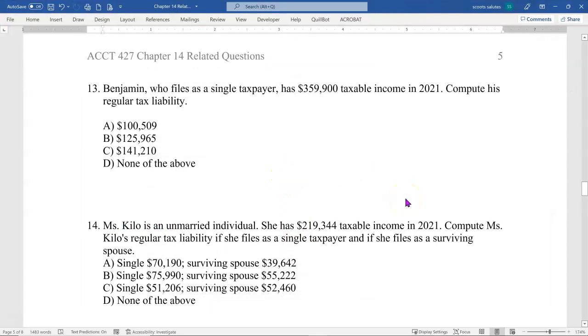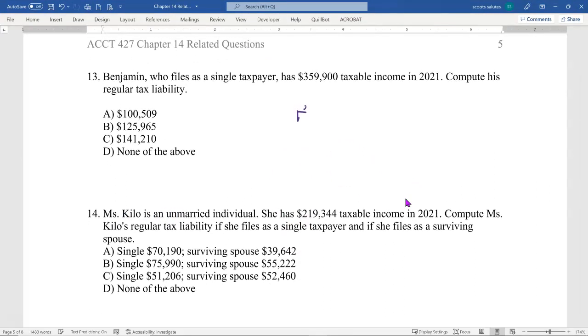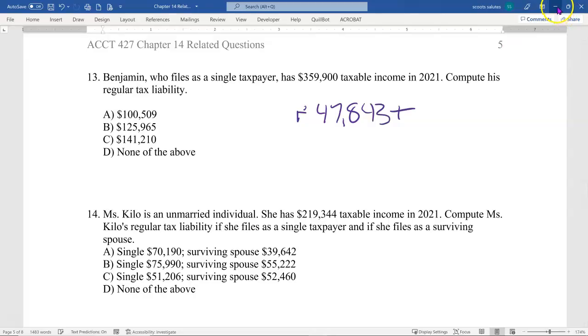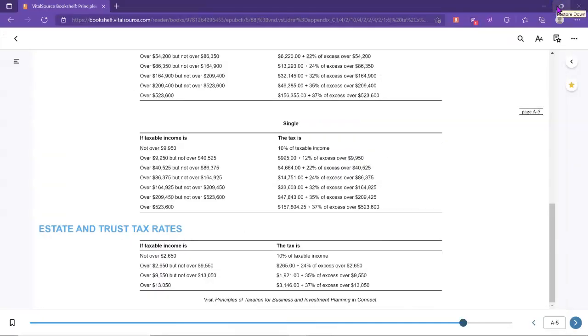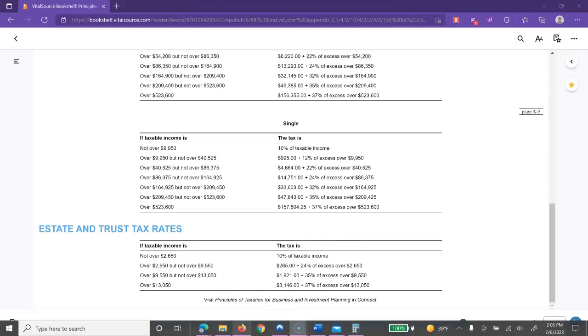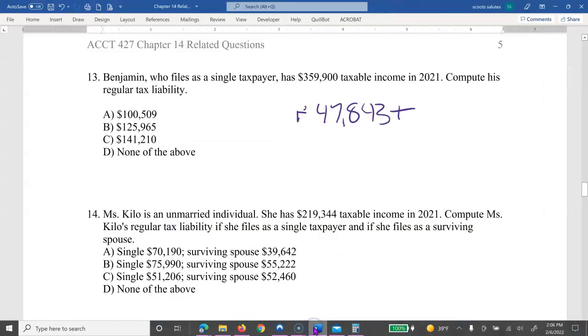Let's start that here. $47,843. And then we're going to add to that 35% of the excess over $209,425.